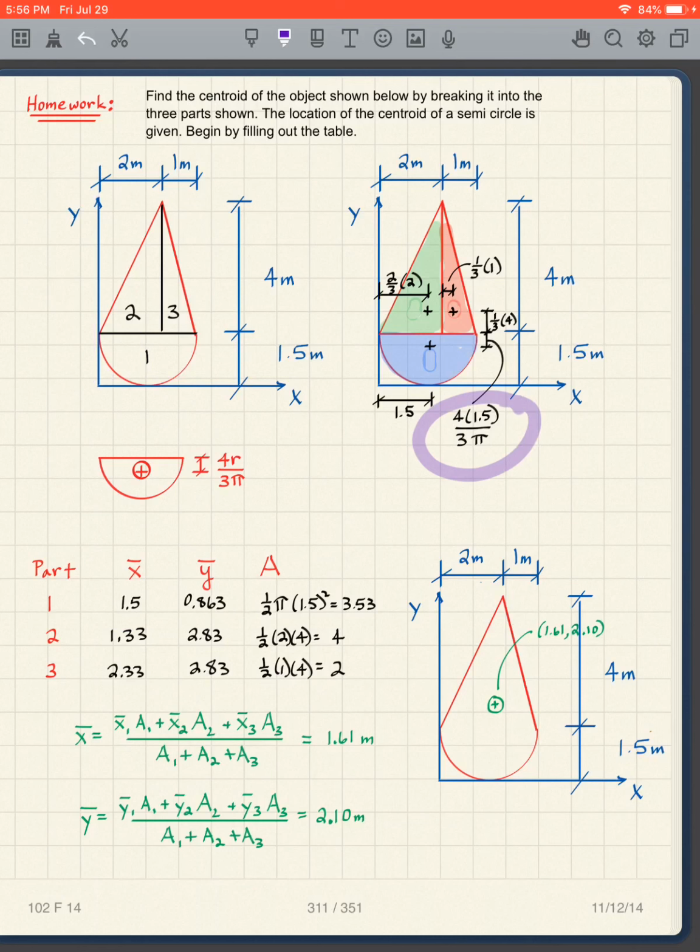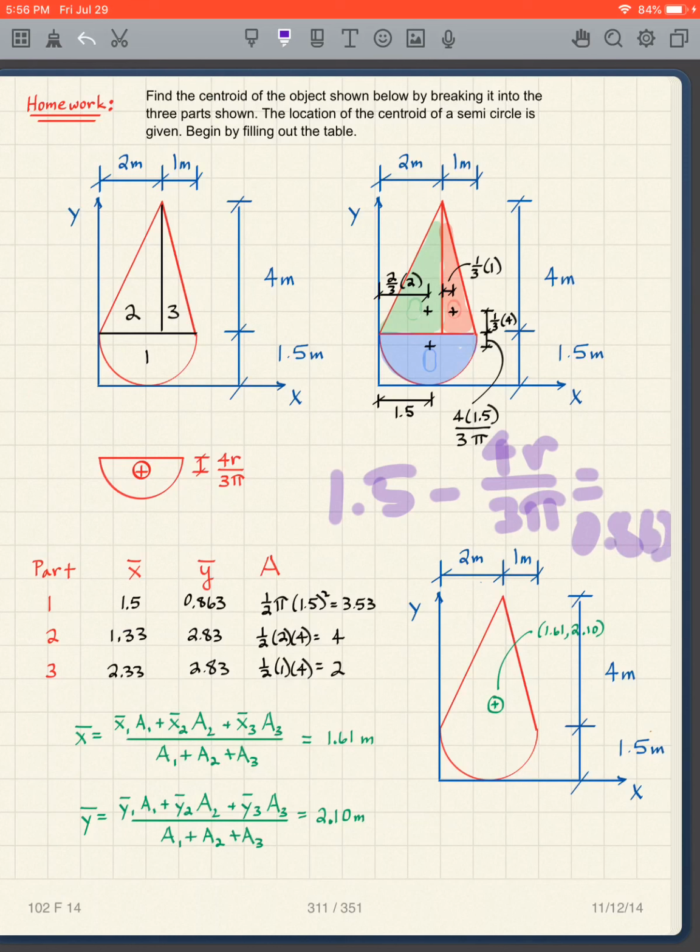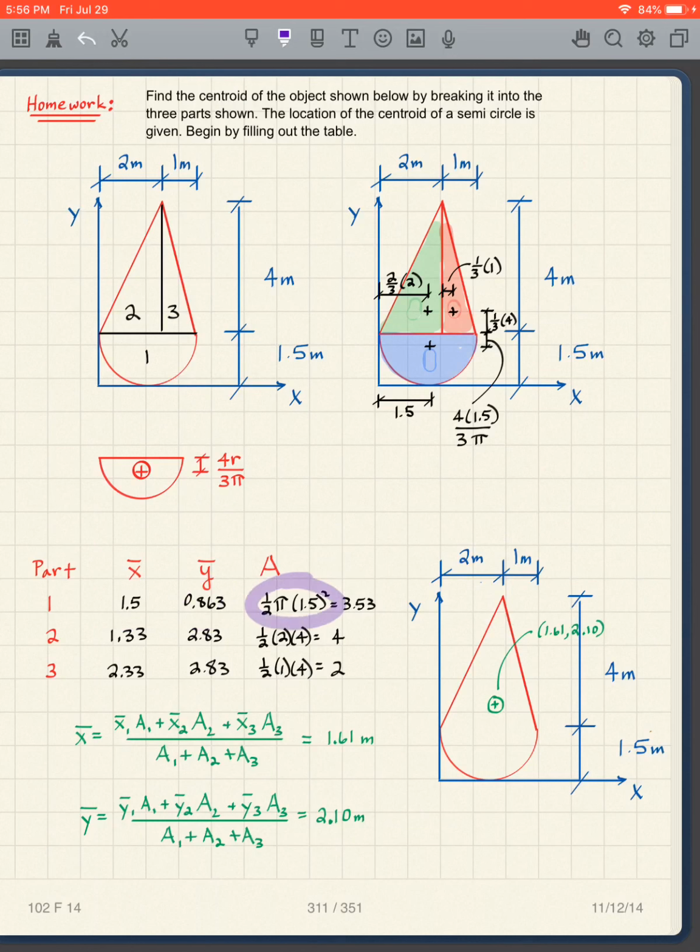I have 4 times 1.5 over 3 pi, and I have 1.5 minus 4r over 3 pi. I haven't gone through the math here, but that works out to be 0.863. So that is here. And of course, the area is 1/2 pi r squared.